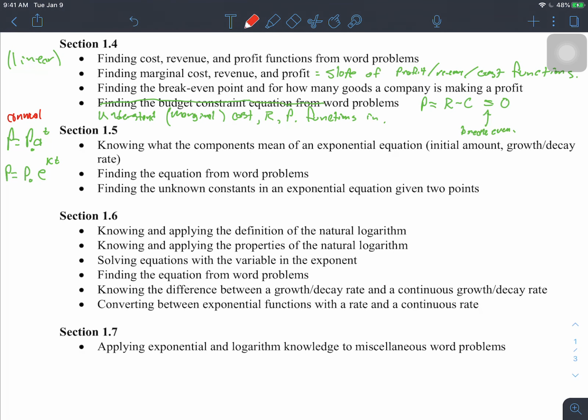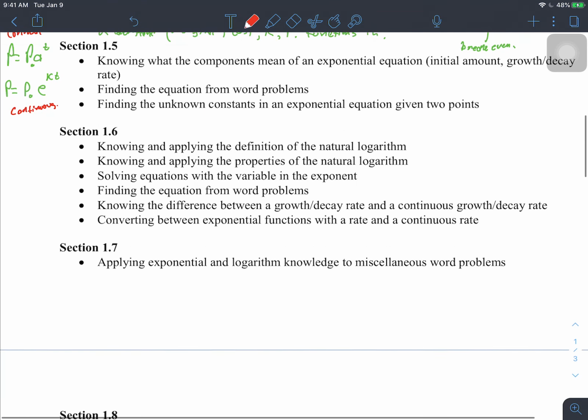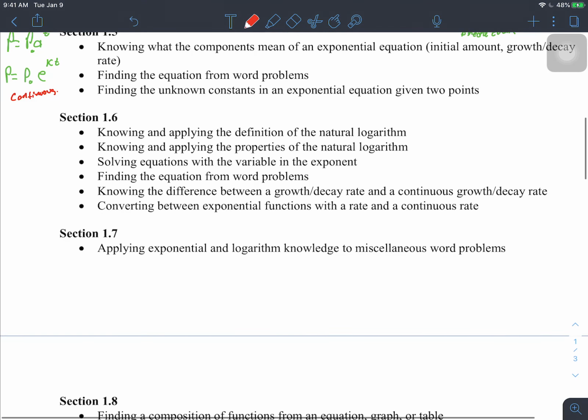And the one with the e is the one that we called continuous. We should know how to find the equation of an exponential function from a word problem, and how to manipulate these equations and solve them for unknown constants. We'll see an example of that later.